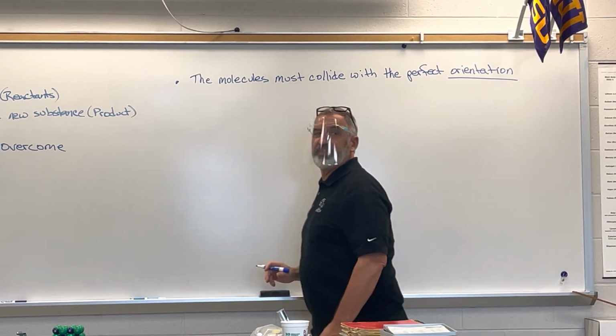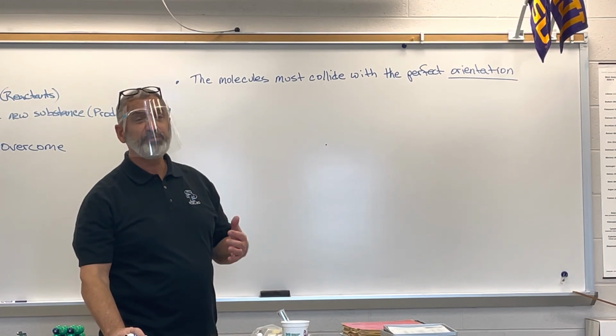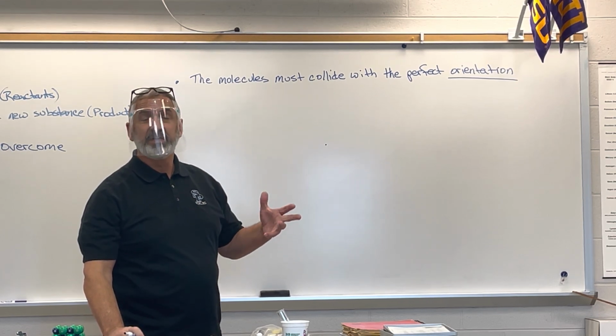Now, I used to think that that was enough. You have to have proper orientation. But in the past few years, when we're grading on the AP test, they didn't give credit.